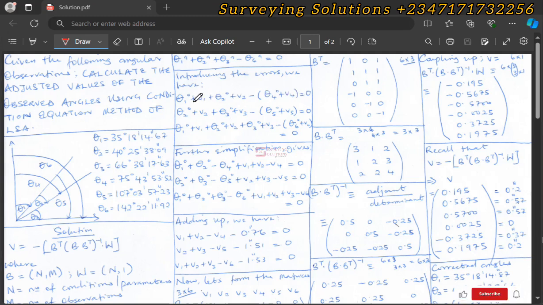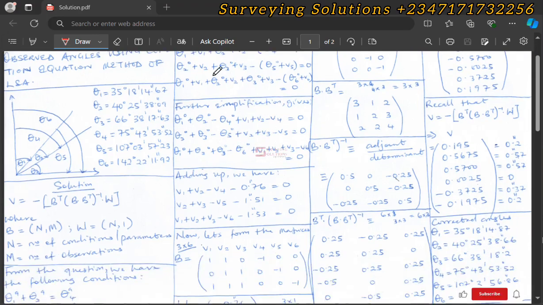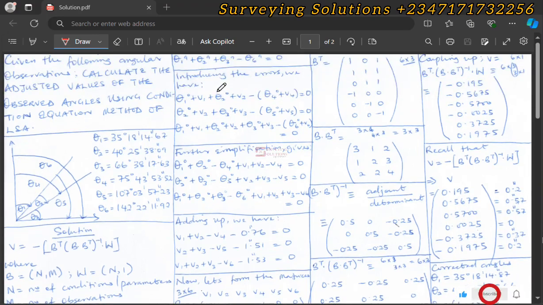Good. So what the further simplification has done is that we now have, okay, let's start from the beginning. We now have theta 1 plus theta 2 minus theta 4. How is this theta 4 negative? Because this minus has opened this bracket.